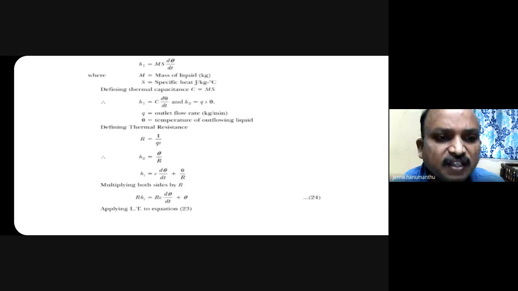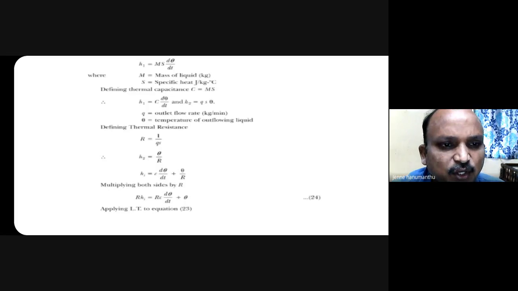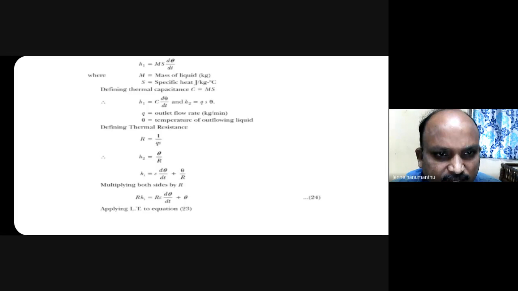We define thermal capacitance C equals capital M into S. You know M and you know S. Substituting that value in the H1 equation, we can write H1 equals C into d theta by dt.